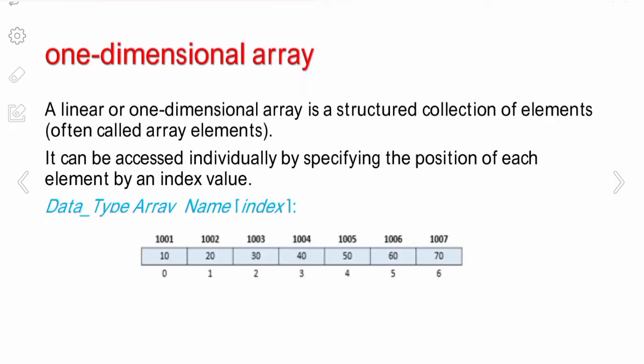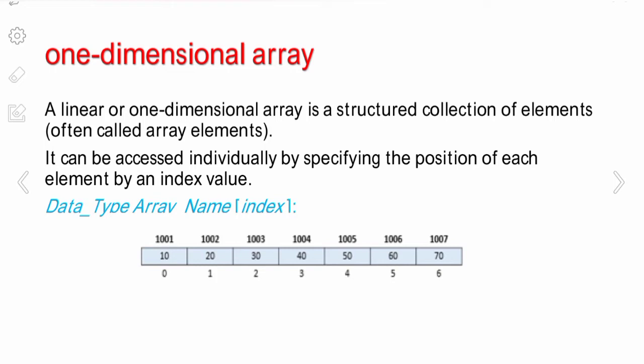Now let us see what the one-dimensional array is. A linear or one-dimensional array is a structured collection of elements, often called array elements. A one-dimensional array is also called a linear array.